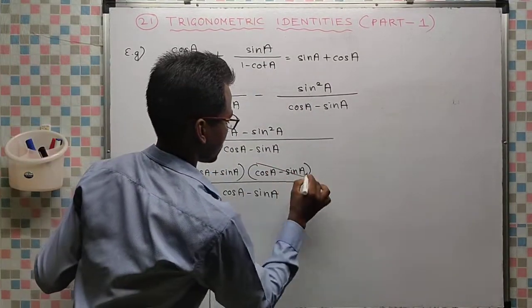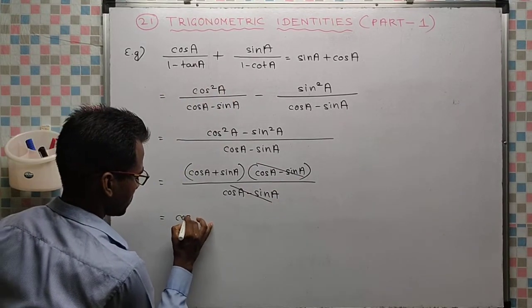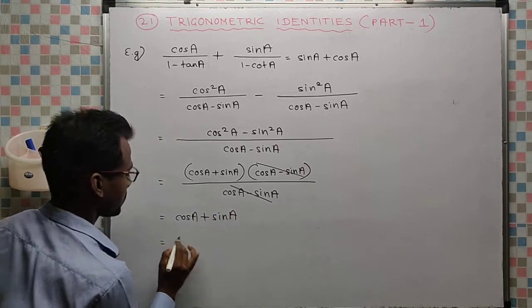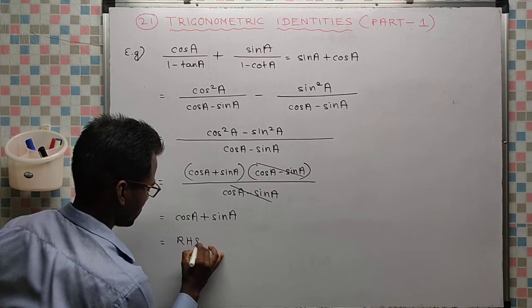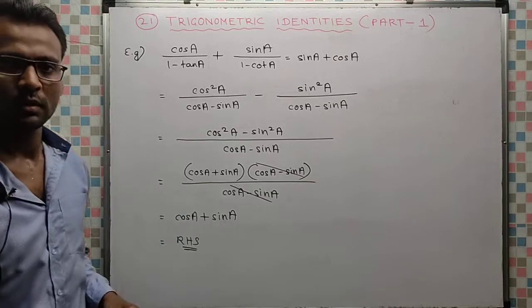Now cos A minus sin A cancels. Remaining is cos A plus sin A, which is your RHS. Hence proved.